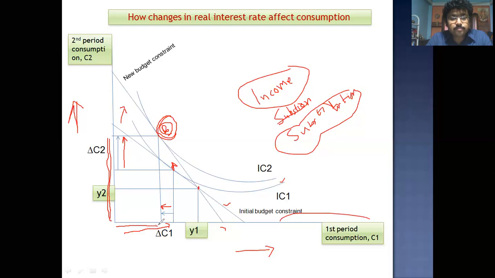Okay, so I hope that you have understood the effect of changes in income and changes in real interest rate on consumption, depending on Fisher's understanding of consumption on the basis of the intertemporal budget line. Okay, thank you for enjoying my lecture.